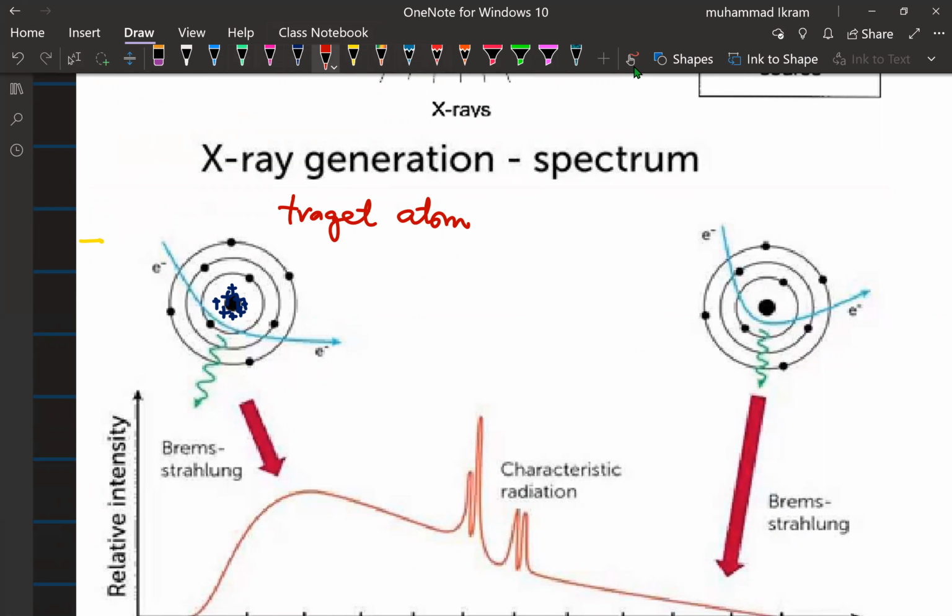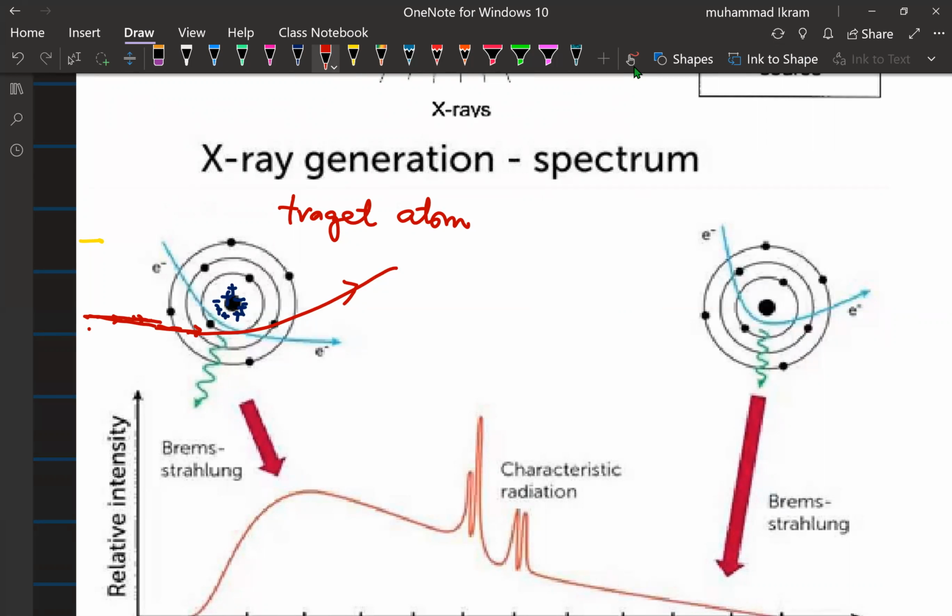Let us see this is the path of the electron. As the electron arrives, the field of the electron interacts with the field of the nucleus. Since the electron has a negative charge and the nucleus a positive charge, it deviates from its path.